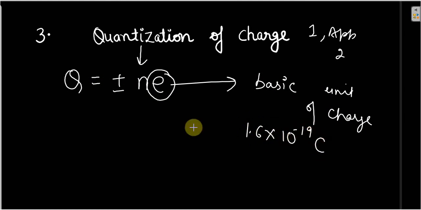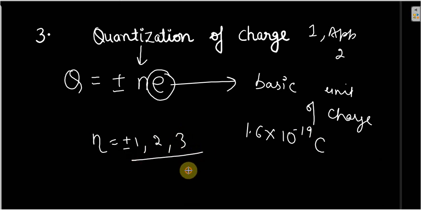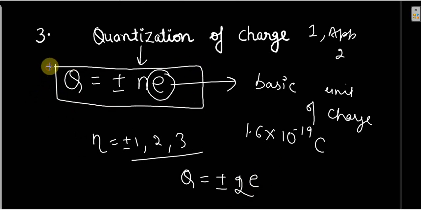And what is n? n is an integer, it may be plus minus 1, 2, 3, like that. So charge will always enter one by one. One electron can enter, two electrons can enter. So in general we can write q is equal to plus minus ne.